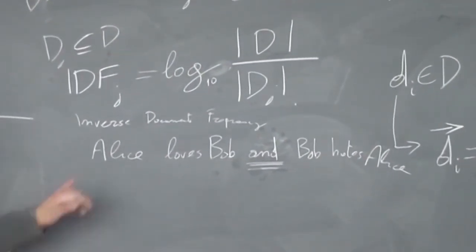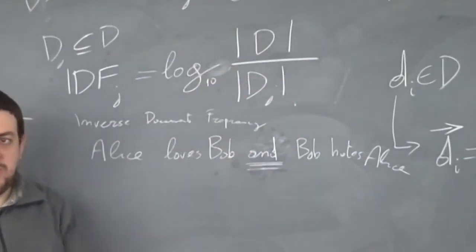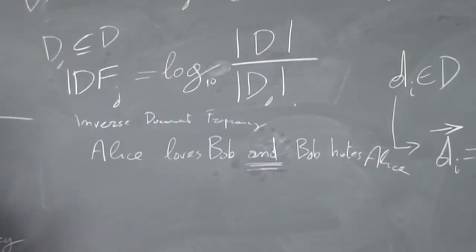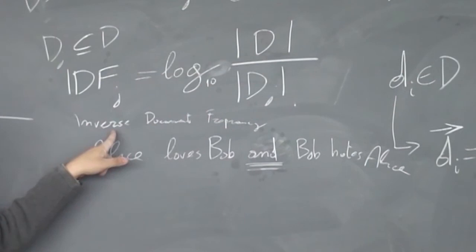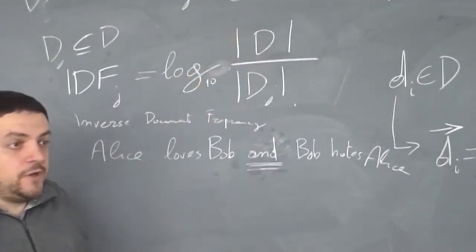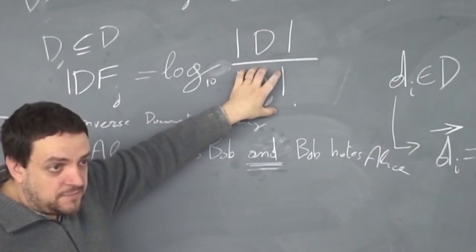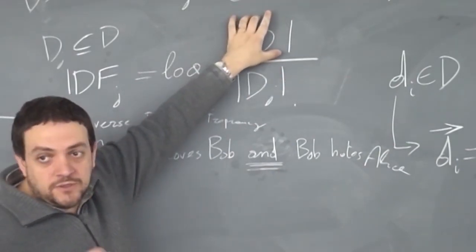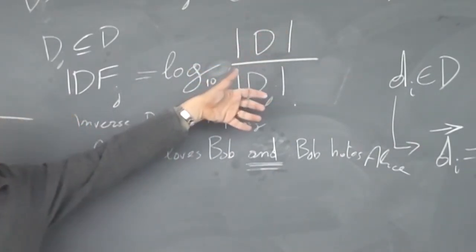It's a frequency because it's a ratio between a subset and all documents. It's inverse because it actually reverses the usual definition of frequency. A frequency is usually the size of the subset divided by the size of the universe. So this is the inverse.